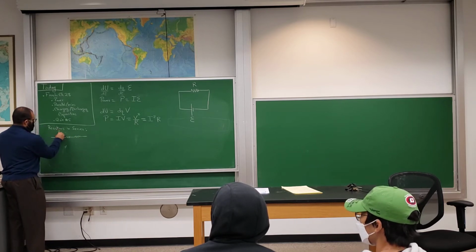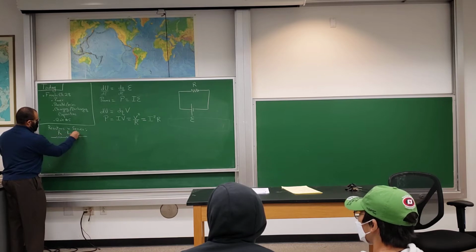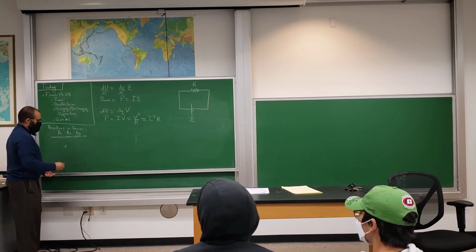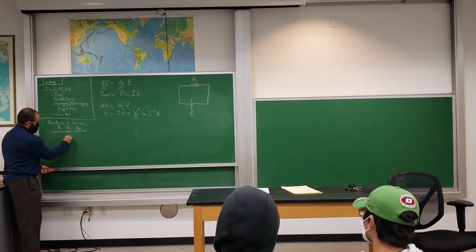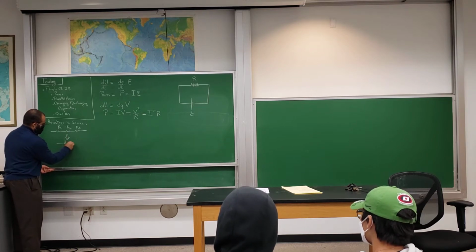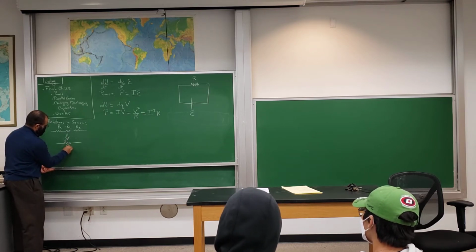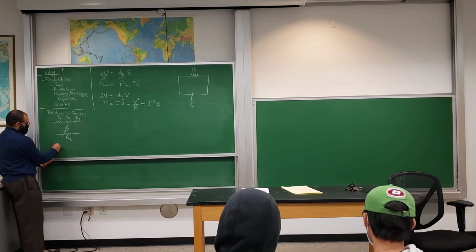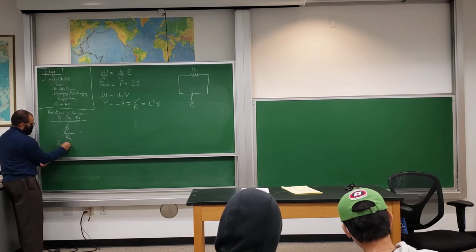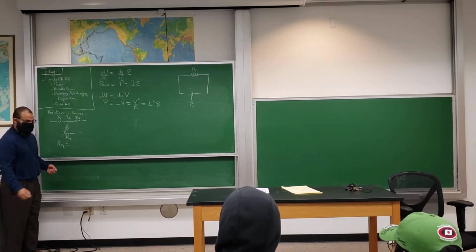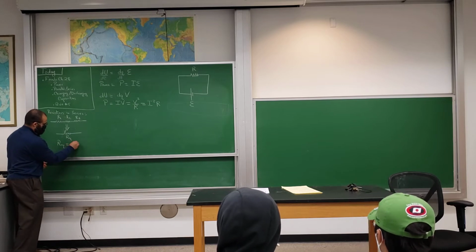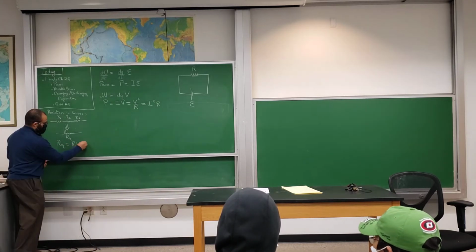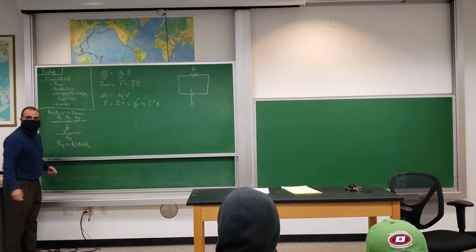So R1, R2, and R3, and so on. If you were to replace them by just one resistor, that would be the equivalent, R equivalent. And R equivalent was what? R1 plus R2, the sum, yeah, R1 plus R2 plus R3, and so on.